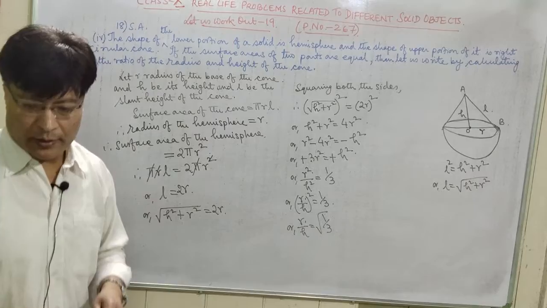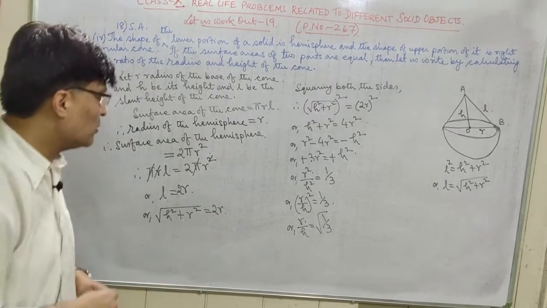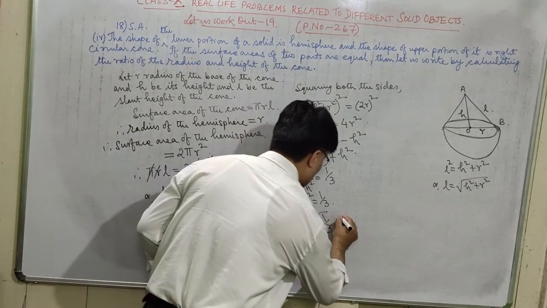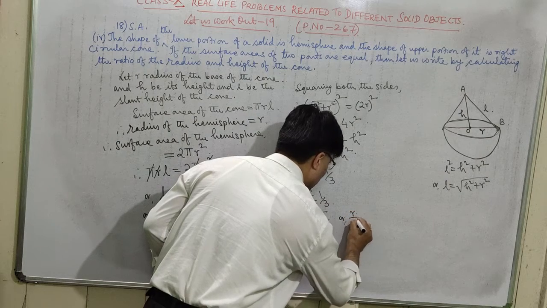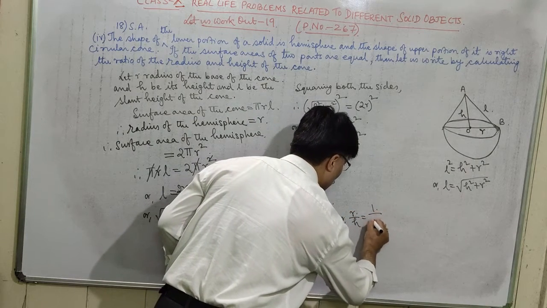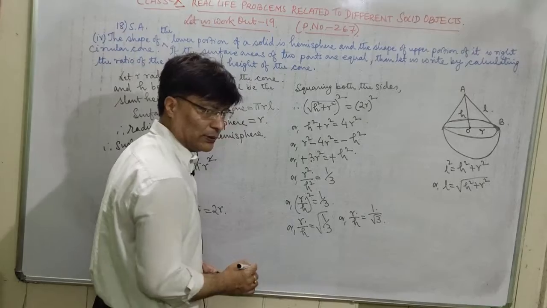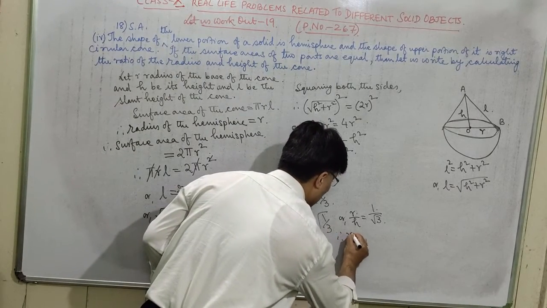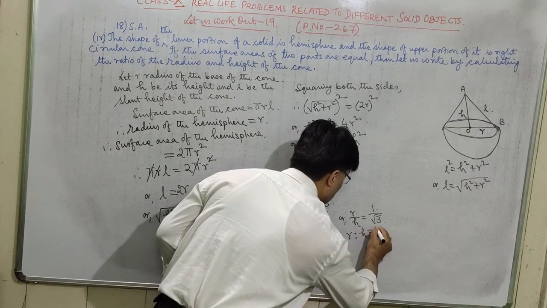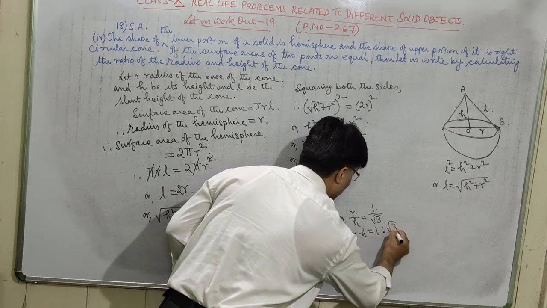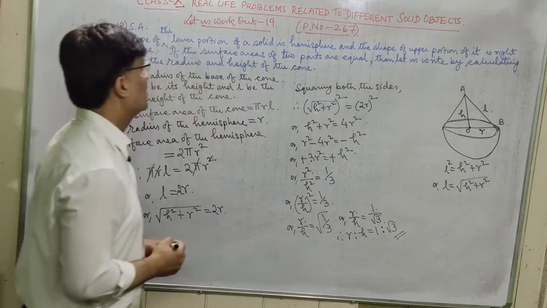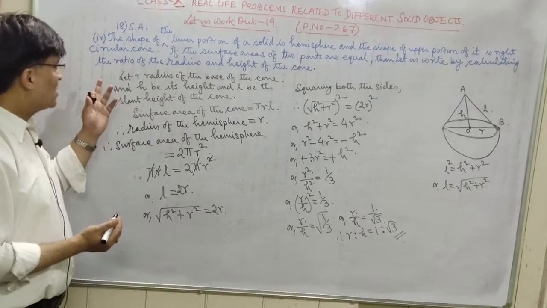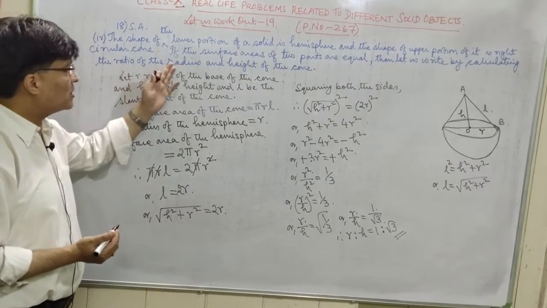Is that clear? So in the next step, r by h is equal to 1 upon root 3. So r is to h is equal to 1 is to root 3. This is the answer. So what is the ratio of the radius and the height of the cone?